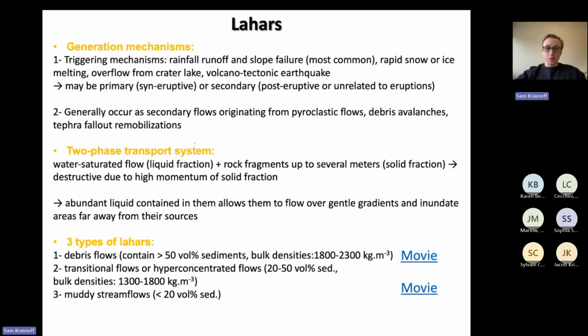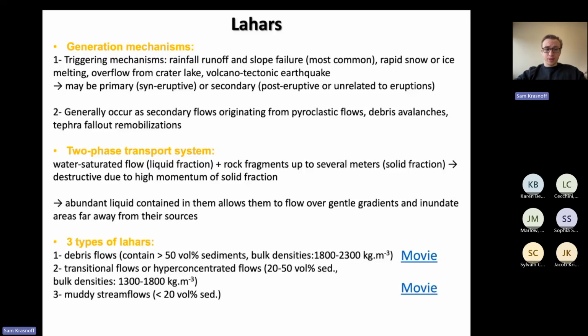Combined, they become a very destructive force due to the momentum of the solid fraction. And if the water-saturated flow is high enough, that can also do a lot of damage in its own right. This system allows it to flow over gentle gradients, very far away from the source, and inundate those areas.